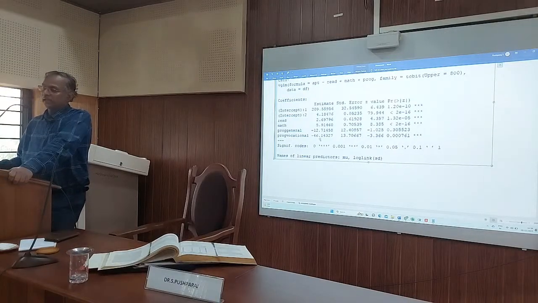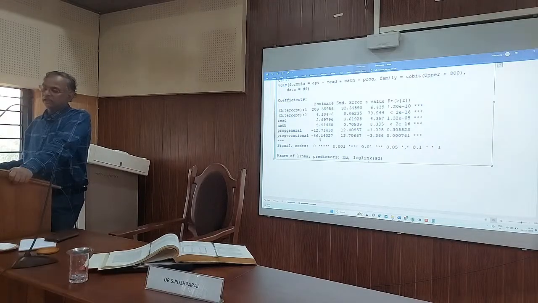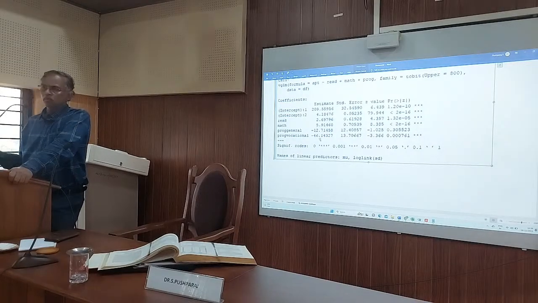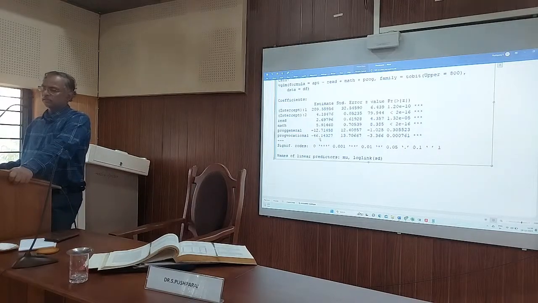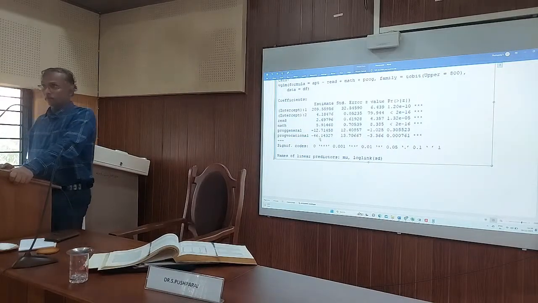Compared to the academic stream, the general stream, this is an ANOVA-type thing. Actually, this is a mean score difference. On average, the general course is 12 points lesser than the average academic stream people.